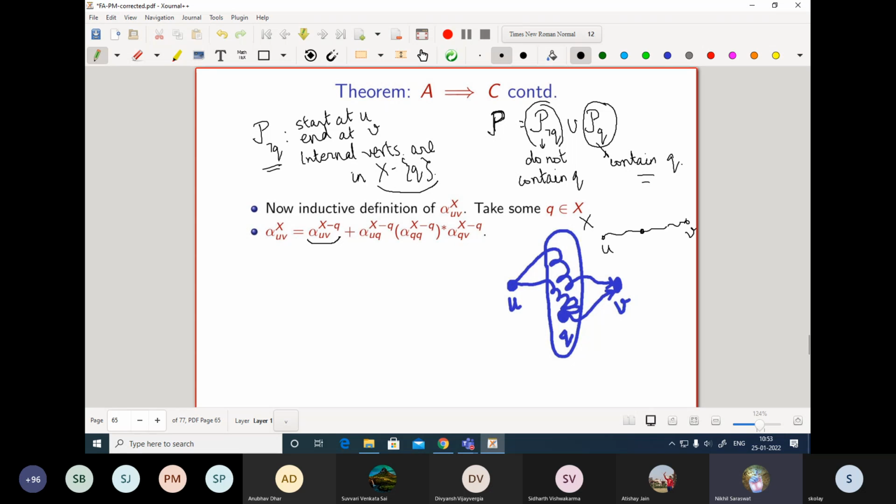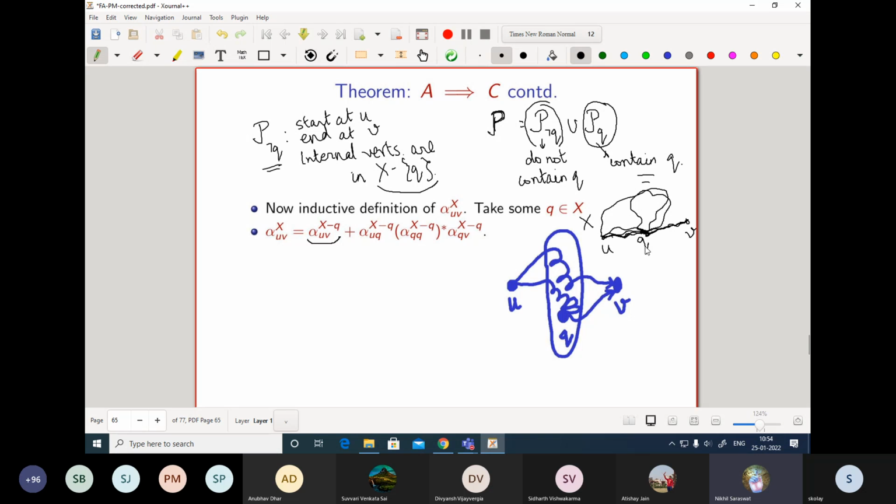Look at the first occurrence of q on that path, then there could be multiple occurrences of q on that path, and after the final occurrence of q, you again have a path from q to v which does not have q. So the path from u to the first occurrence of q does not have q, and the path from the last occurrence of q to v does not have q.